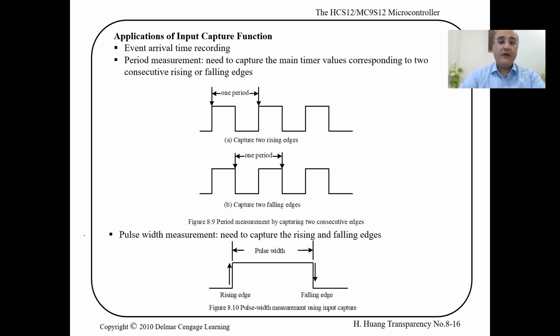Some applications that you want to use the input capture functionality for is to capture the value of a running timer on a rising edge, between rising edges. In this case, if you have a square wave, on a rising edge you'll have the value. On another rising edge, you have the value.